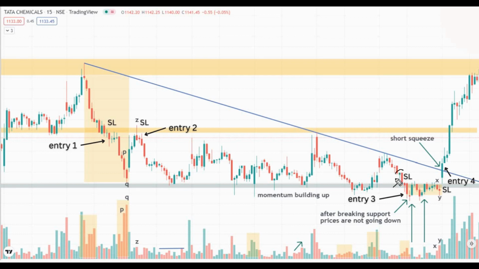Again, sellers immediately in the next candle push the prices towards the downside and closed around the low of the candle. Again buyers tried at this candle, but again in the next candle sellers aggressively push the prices towards the downside. So this is an indication that sellers are in control in this market, and that's why there is complete rejection of the higher prices.